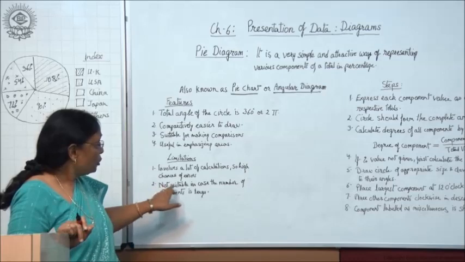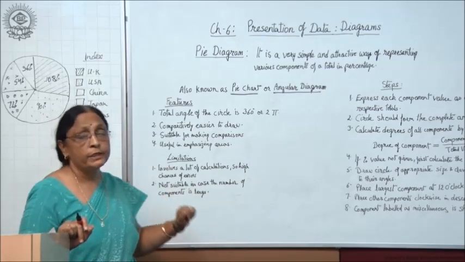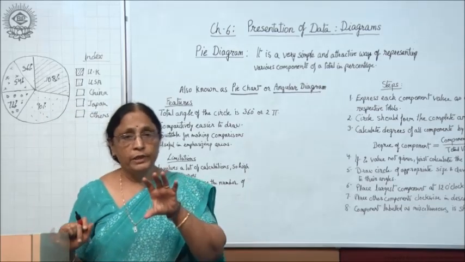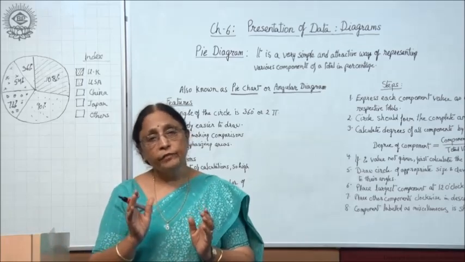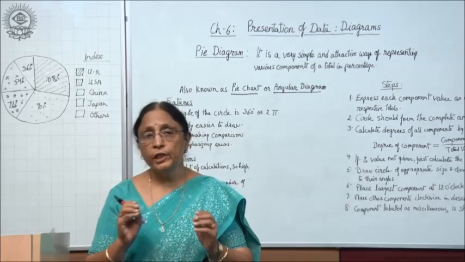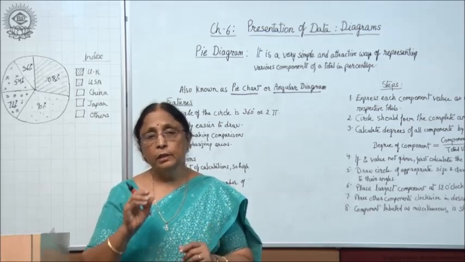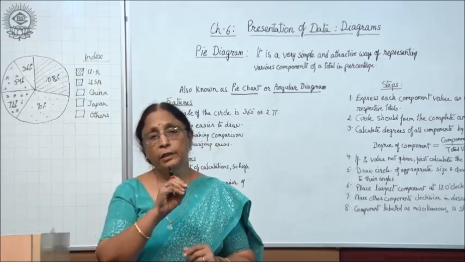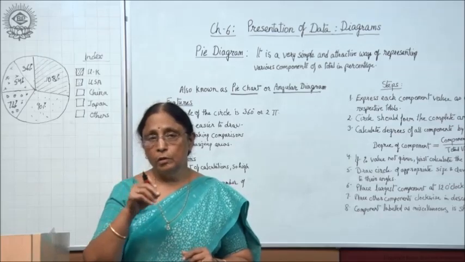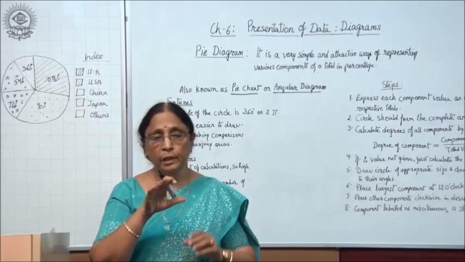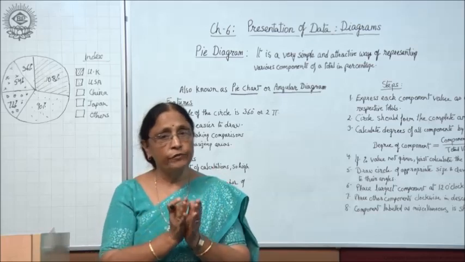Second, it is not suitable when the number of components is large. As I told you, it has 360 degrees, it is a circle, and each angle is shown with the help of a protractor, or you can say the whole circle is divided into different angles.